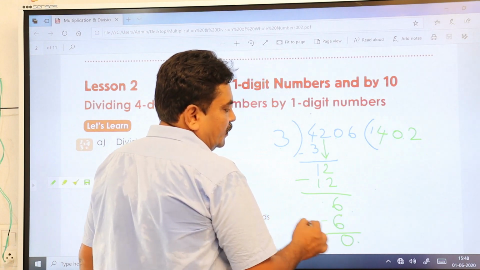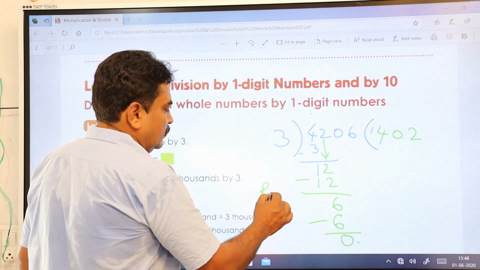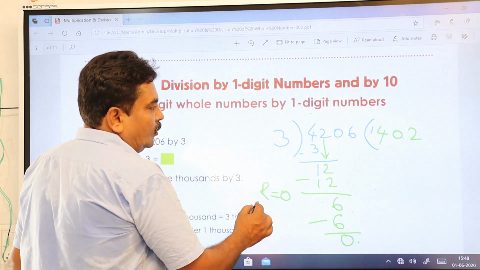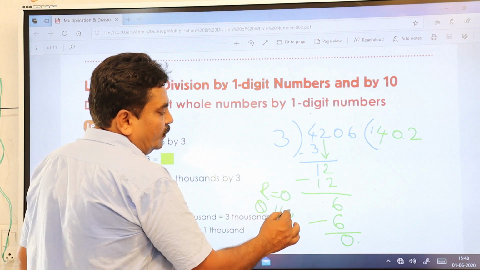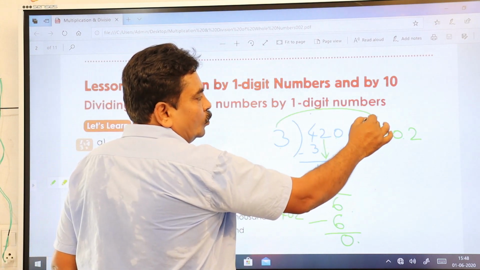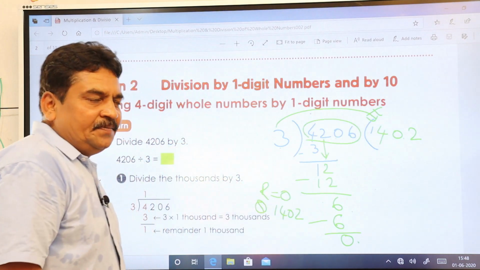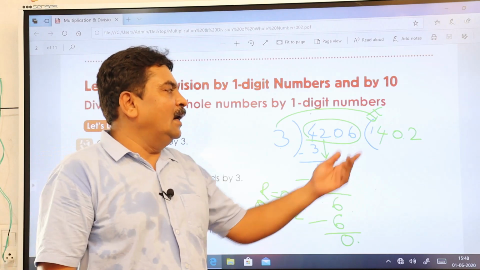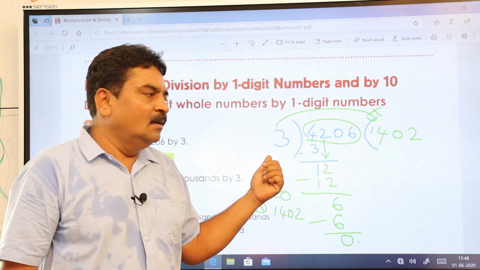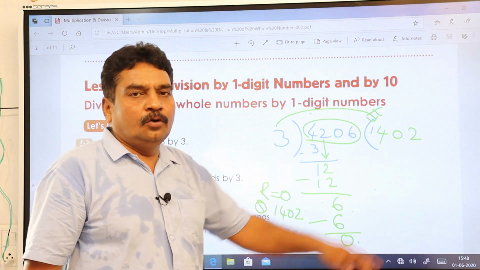It becomes 0. So remainder is how much? 0. And the quotient is how much? 1402. If you multiply these two, you should get the dividend. Remember that. If you have any doubt, you multiply quotient with divisor, you get dividend.